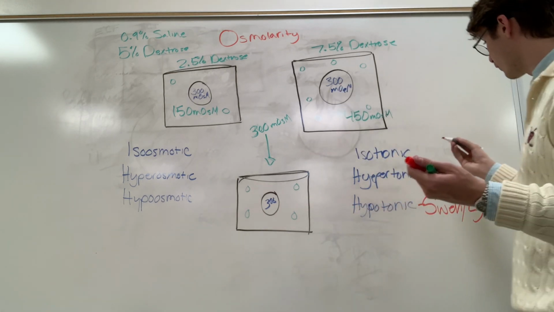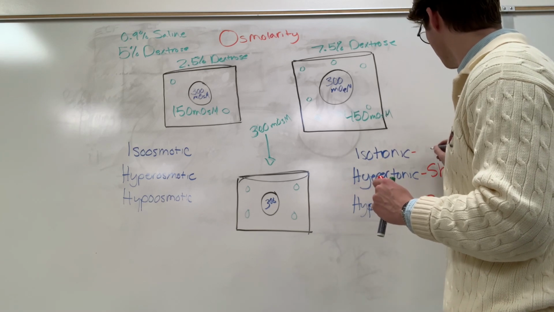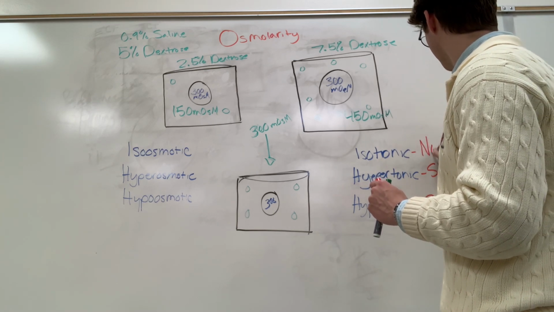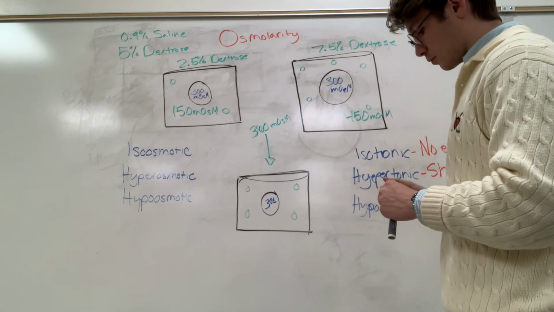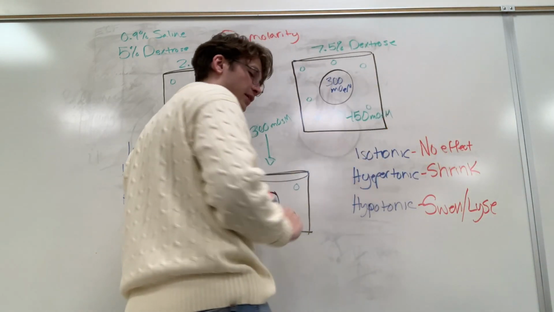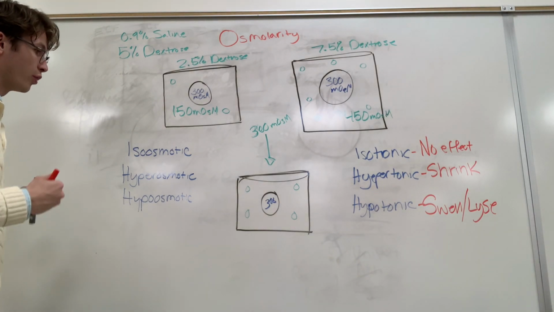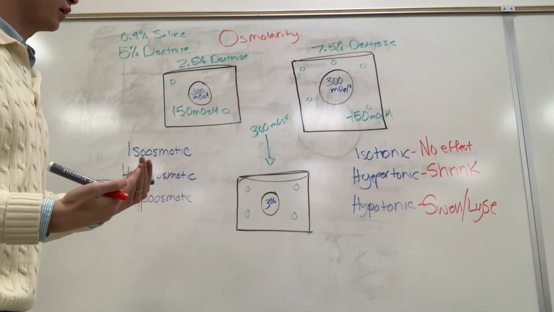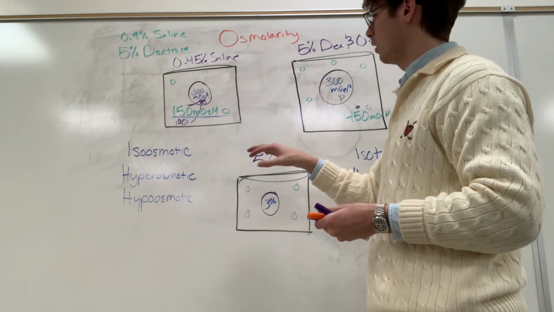Isotonic just means the solution that we put into the extracellular fluid is not going to have any effect on the cell. So tonicity is the effect that's going to happen. Osmolarity is referring to the flow of water of these solutions.